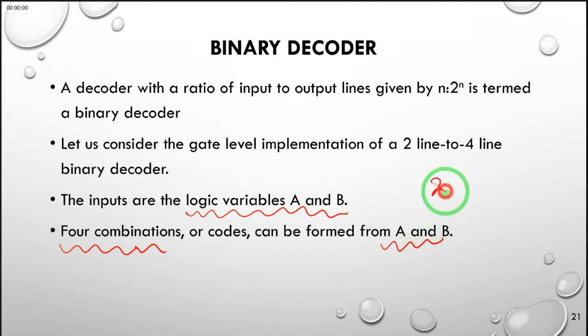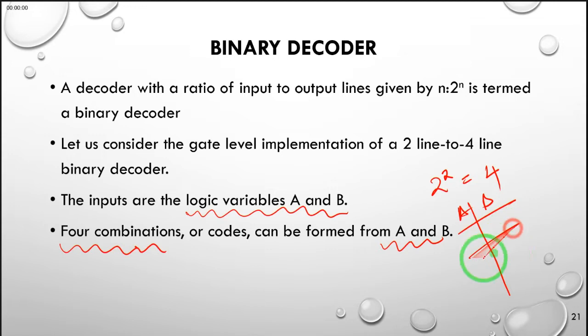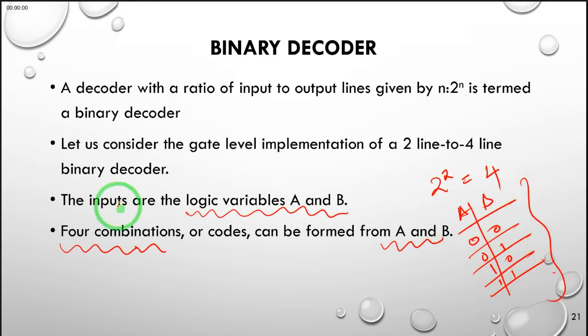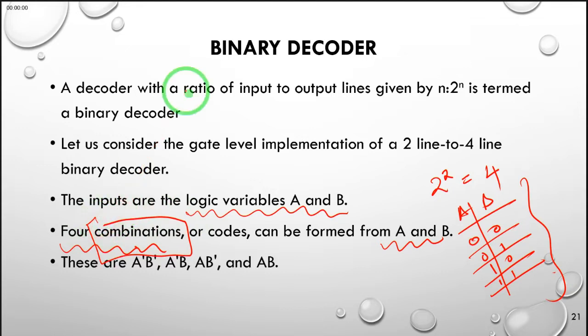Since it is 2 to the power 2, our output lines are going to be 4, and clearly two variables A, B can have 4 possible combinations: 00, 01, 10, and 11. We have 4 possible outputs that we can get from such a decoder, following this order.